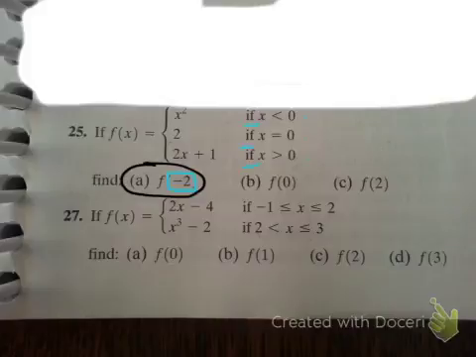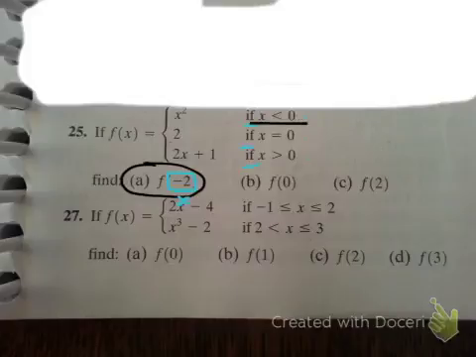Since it's f of negative 2, our x is negative 2. So let's think: is x less than 0, equal to 0, or greater than 0? Negative 2 is less than 0.